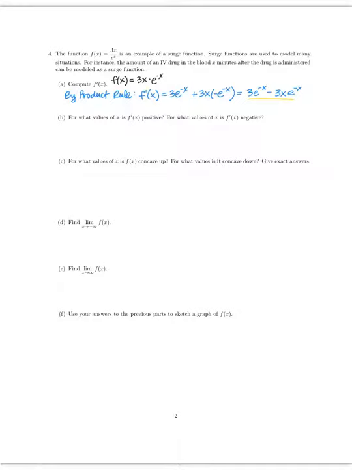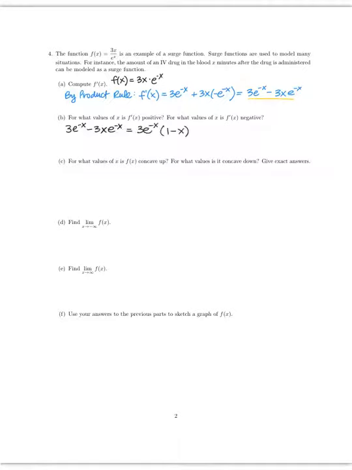And so what we need to do is algebraically rewrite that derivative so that that becomes more apparent. And the quickest way to do that is to factor out anything that these terms have in common. So for us, that's both the factor 3 and the factor e to the negative x. Those appear in both cases. Let's take a look at what happens when we do that.